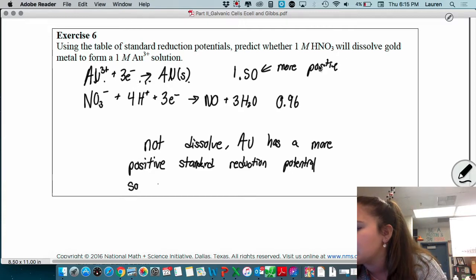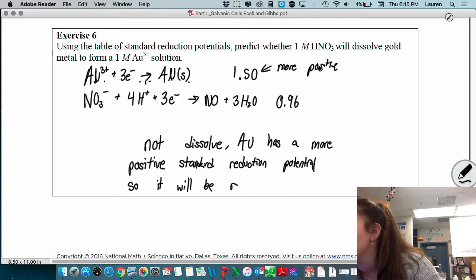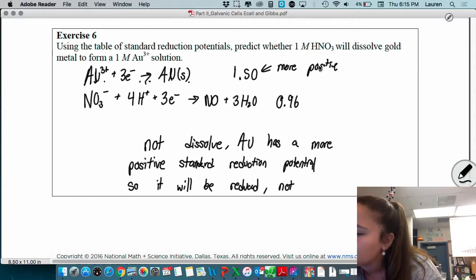So it will be reduced, not oxidized into an ion.